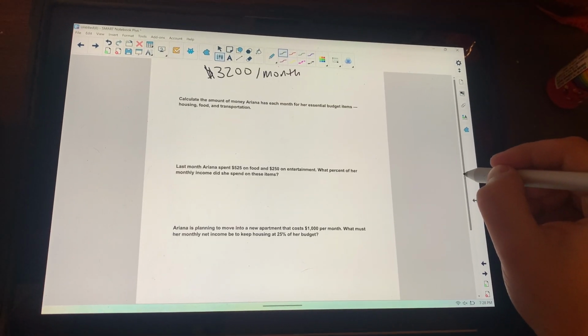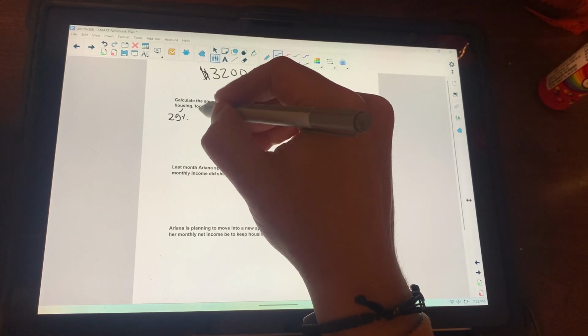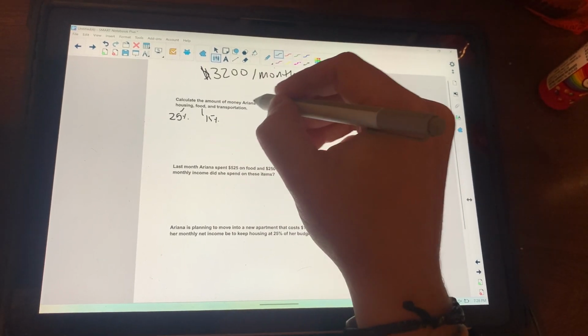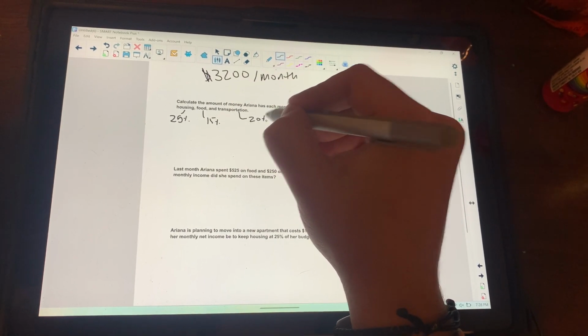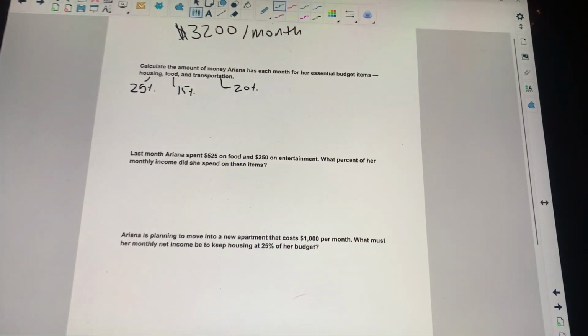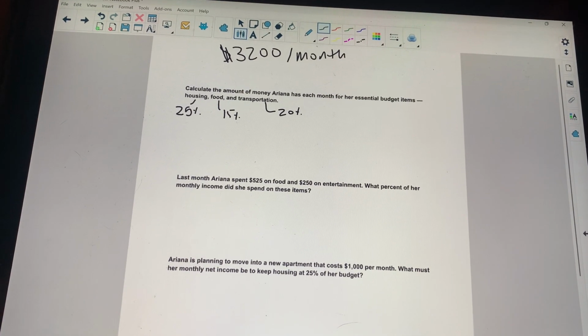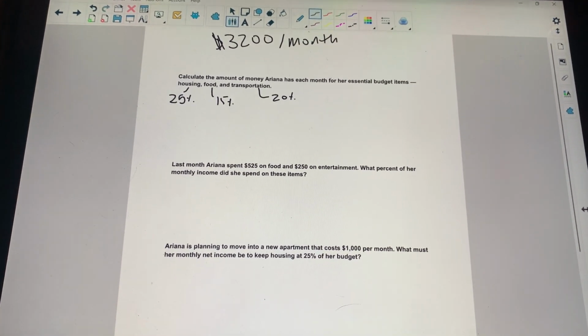So let's go back to that. 25%, 15%, and then 20%. Perfect. Okay, so now we have the information we need to be able to solve this. It says calculate the amount of money Ariana has each month for her essential budget items.